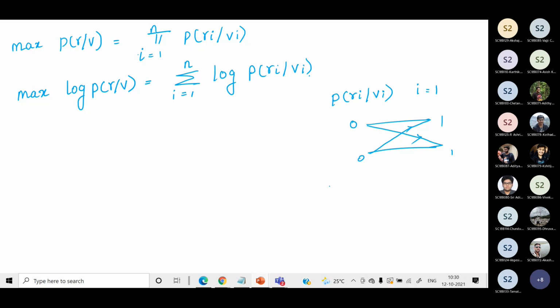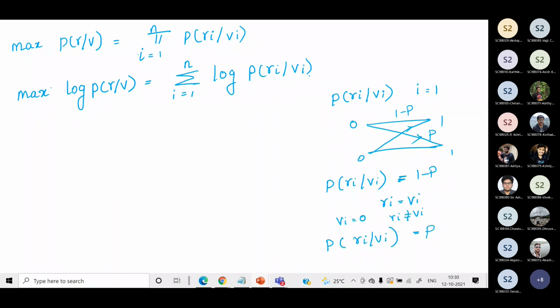If Ri equals Vi, for example, we take Vi is 0. 0 is transmitted. If Ri is also 0, then what is this probability? 1 minus P. Whereas Ri given Vi, if Ri is not equal to Vi, what is the probability? P, right? This is P.